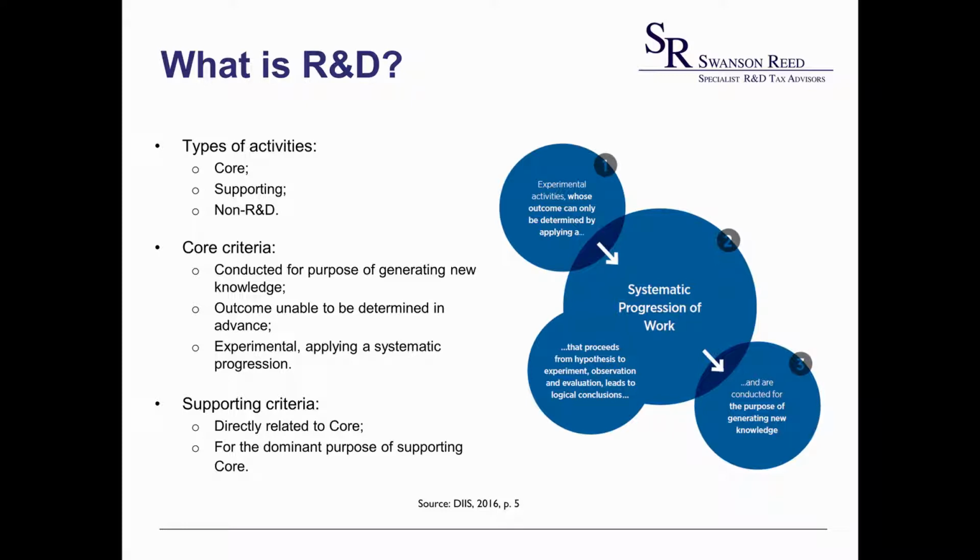Supporting R&D activities are those activities that are directly related to and necessary for the conduct of a core R&D activity. Ineligible activities are those that do not meet any of the above criteria. We will next explore in a bit more detail how these definitions are applied to a software project.